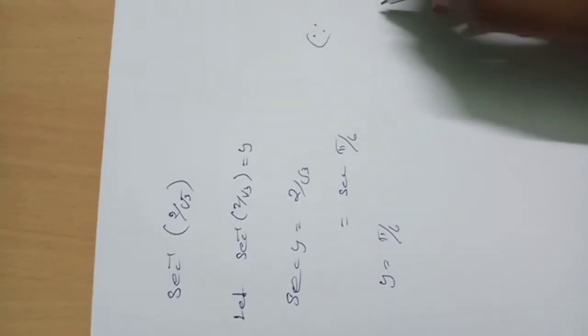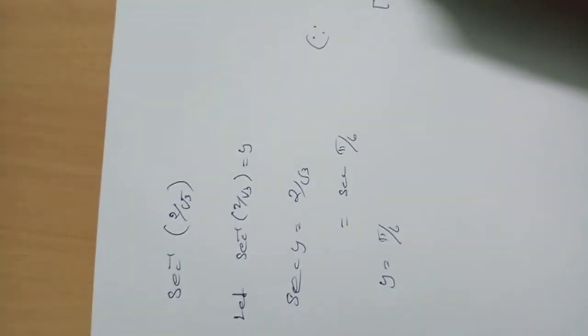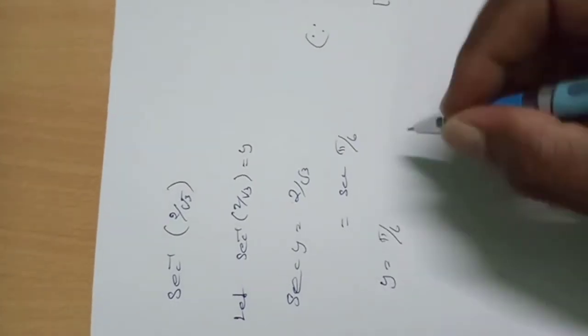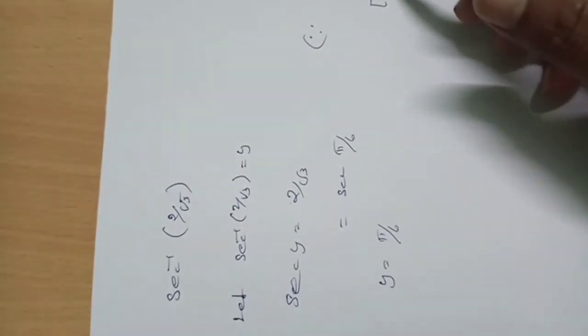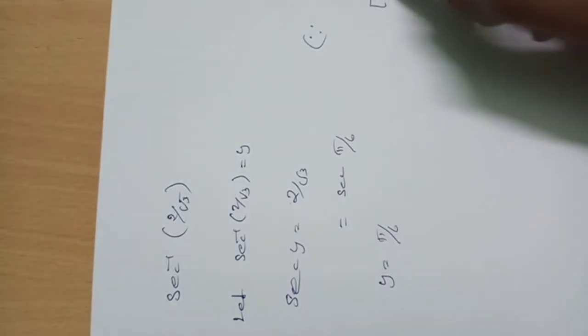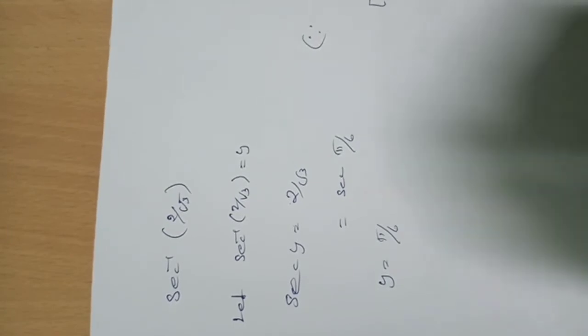The principal domain range is 0 to pi minus pi by 2. Check whether the value lies in this interval or not. Here pi by 6 belongs to this interval, but not pi by 2.